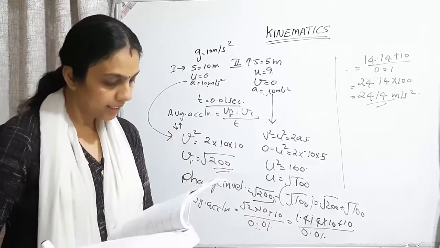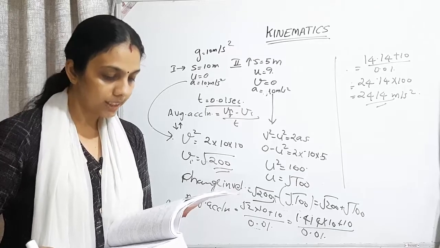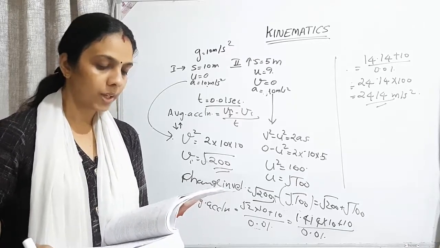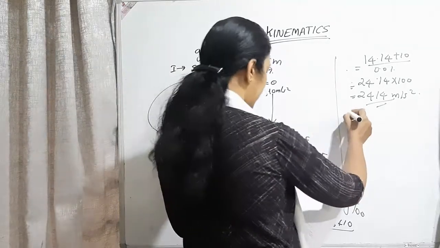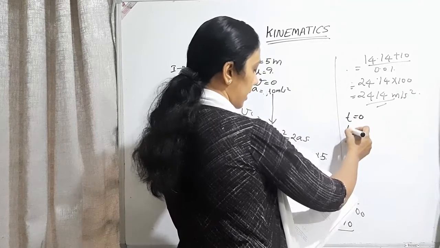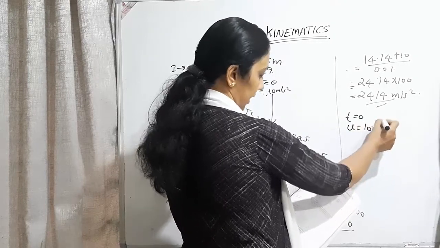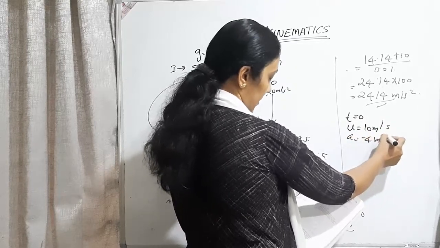A particle A is moving along the x-axis. At time t equals 0, it has a velocity of 10 meter per second and acceleration equals minus 4 meter per second square.